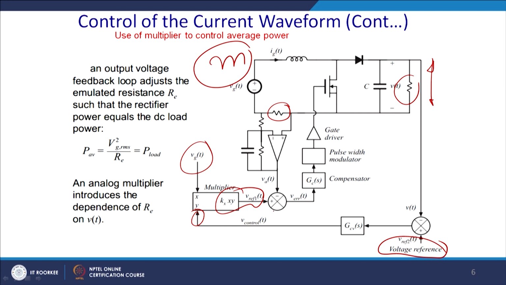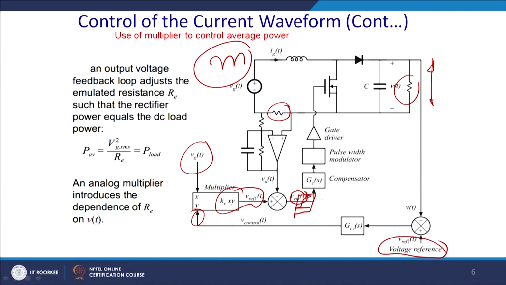This comparison gives you the error. Generally the error has an error processing block followed by a saturator, so that you control the duty cycle, because from the control point of view there is a limitation on the duty cycle. Generally we cannot go beyond 0.66 theoretically.